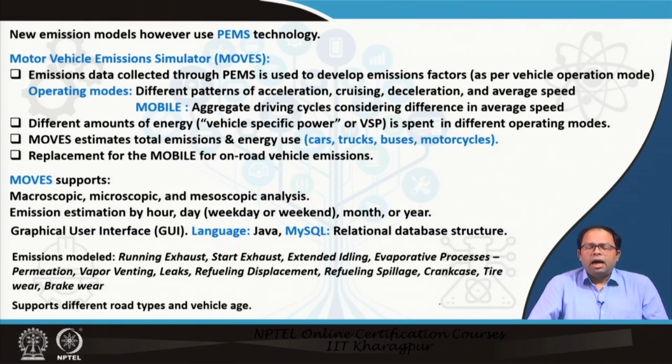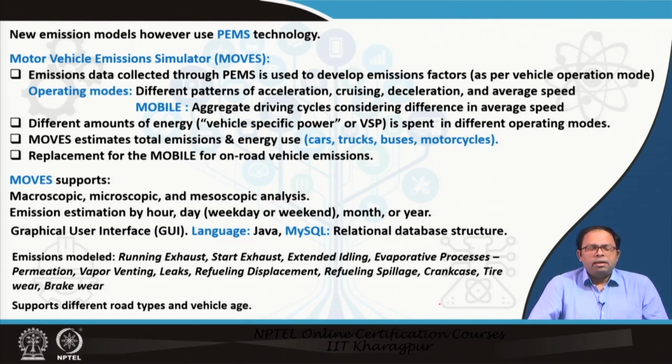So that means a vehicle is operated in different operation modes, and if we know that, then based on the onboard emission monitor, we can determine what kind of emission it generates, and that could be used to determine the emission for that particular vehicle.